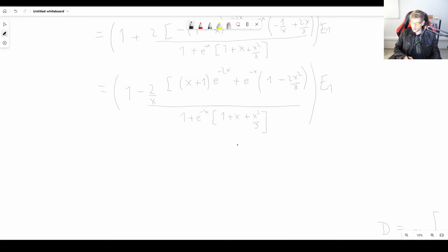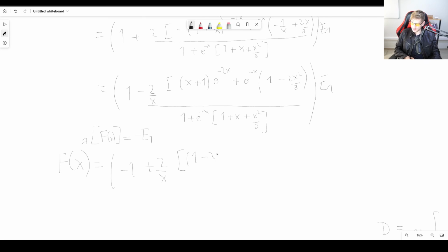What we can still do, it isn't really necessary, but we are now going to define this new function, which will be f of x, which will be what we have here, but we're going to factor out a minus sign and leave out the E1. So basically f of x will be in units of minus E1. And by doing that, this will be minus 1 plus 2 over x, and then I'm going to do it like this.